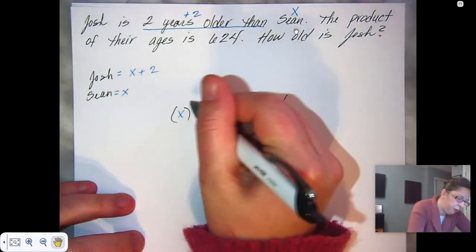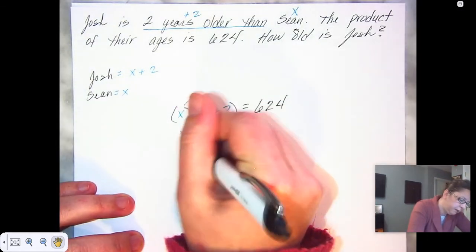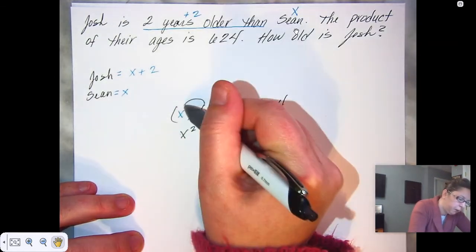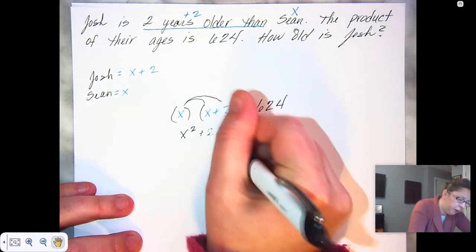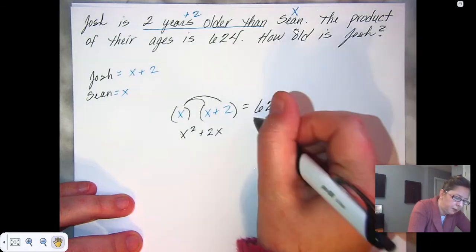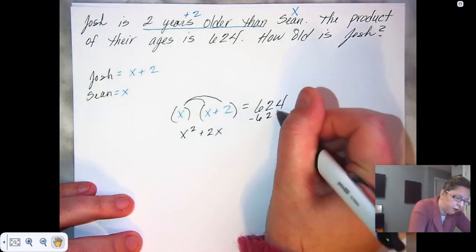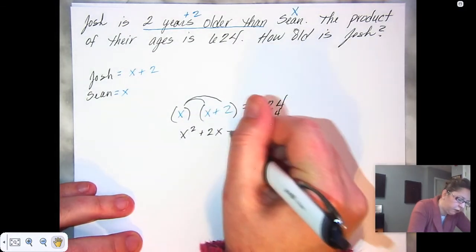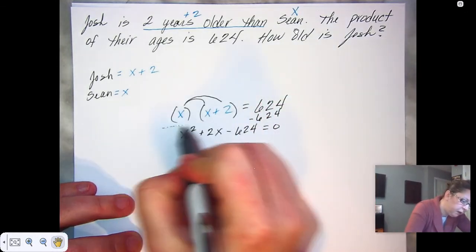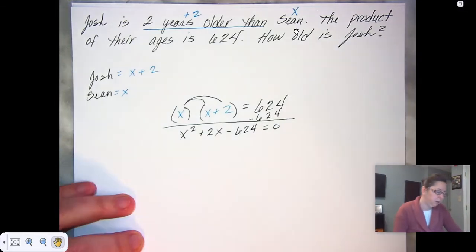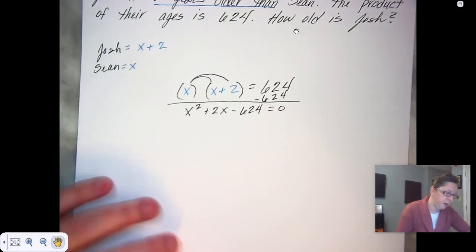So I'm going to distribute. x times x is x squared. x times 2 is positive 2x. And then I'm going to need to subtract this 624 because I see I have an x squared. And now all of this equals 0. So I'm ready to solve this with an x puzzle.